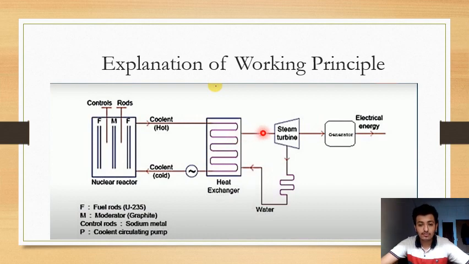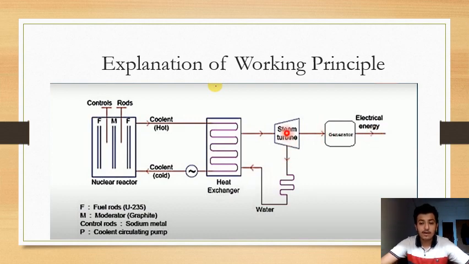The steam passes from here into the steam turbine. The steam turbine basically consists of blades and shafts, and due to the rotation of blades and shafts, mechanical energy is generated. After the steam turbine, the mechanical energy generated passes on to the generator, which converts mechanical energy to the required electrical energy. That is what we aim for.